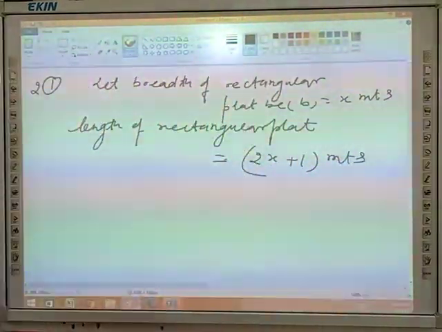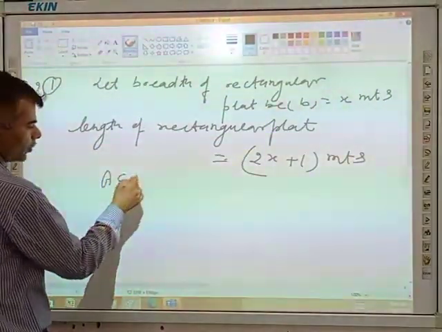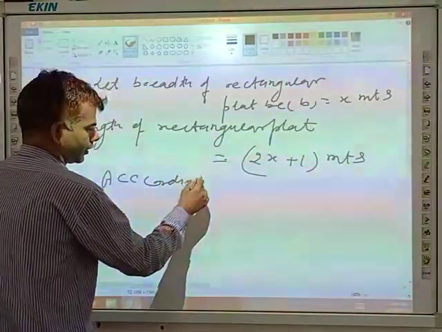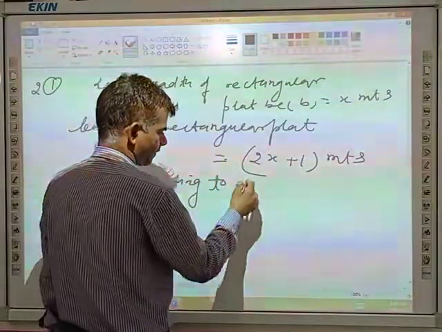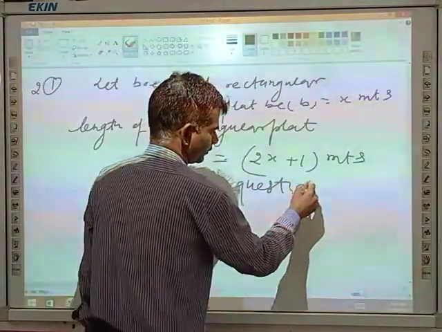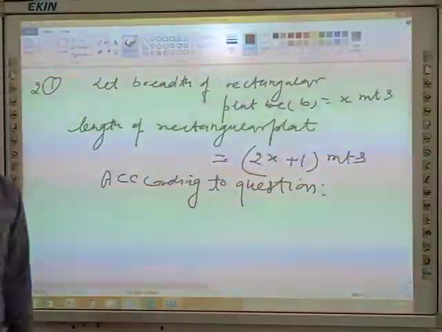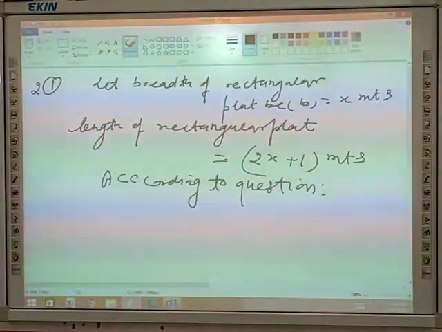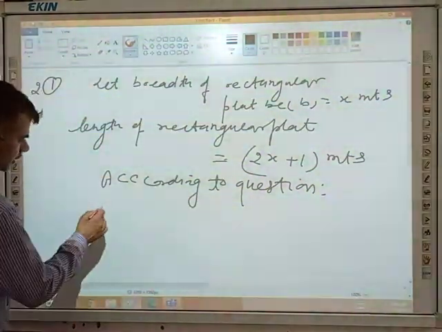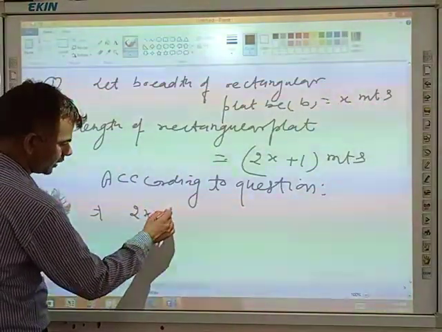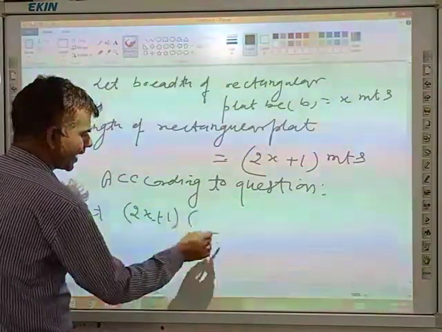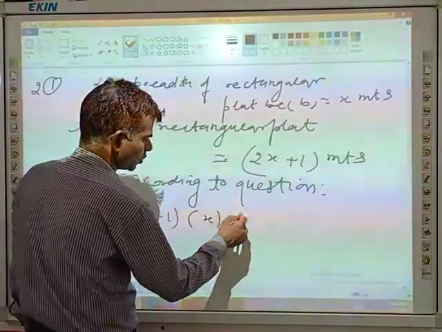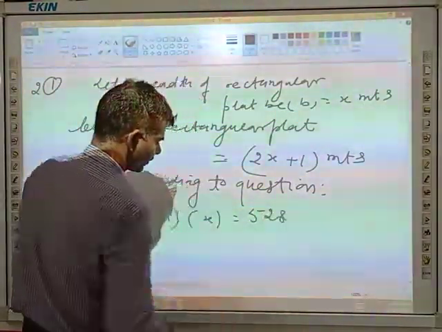Now students, according to your question, area is length into breadth, which is 528. So (2x + 1) is your length, breadth is x, is equal to 528.